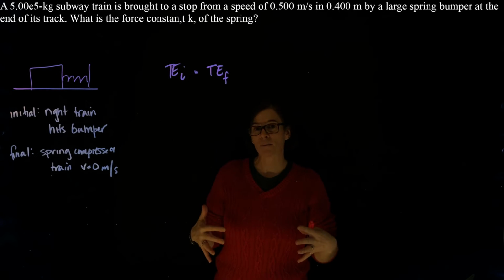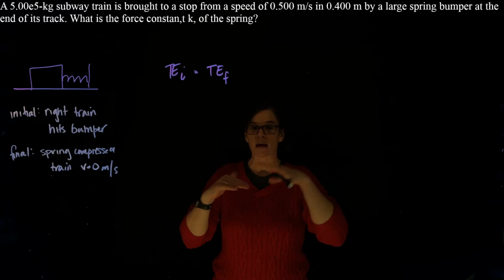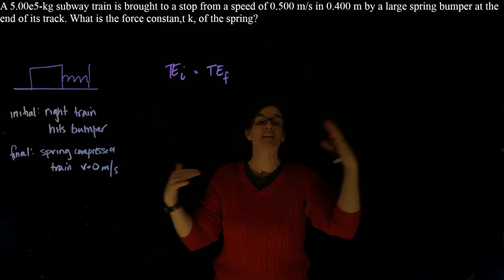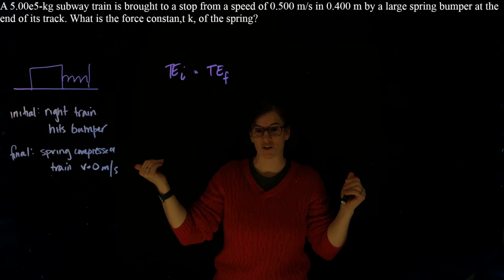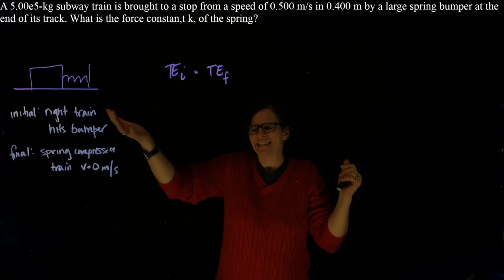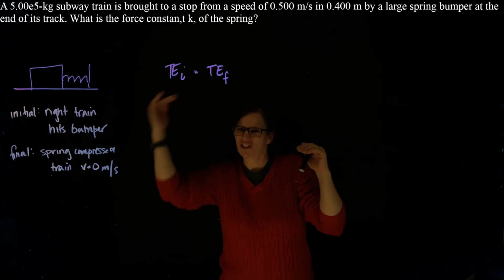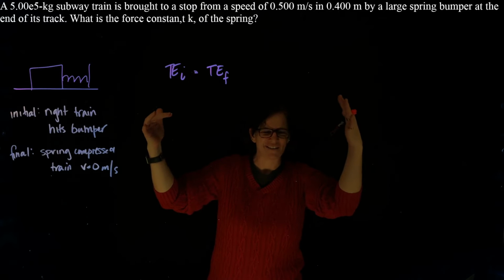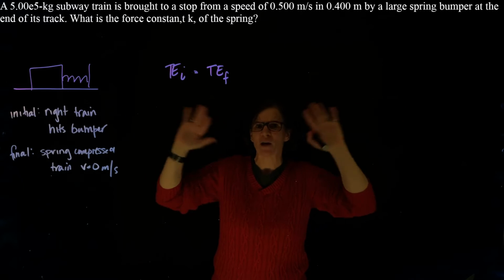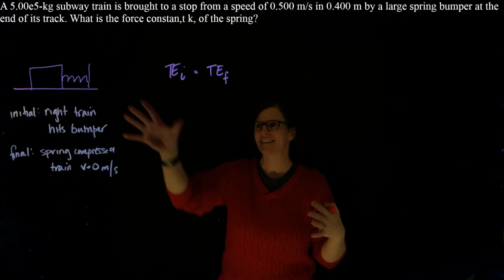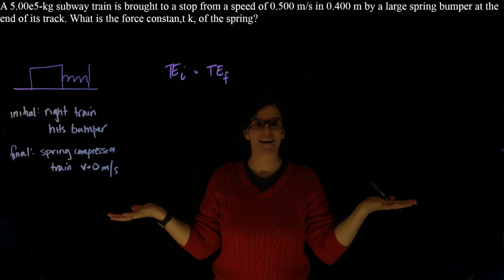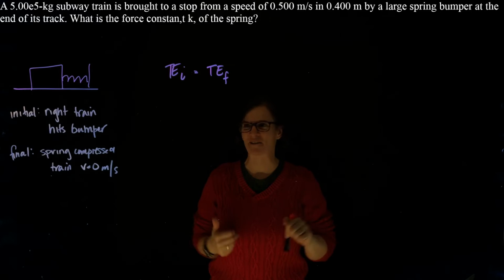Now, with gravitational potential energy, we want to remember that that requires really a change in height. In our problem, we could say that this object has gravitational potential energy, but since there's no change in height, the initial and final gravitational potential energy are going to be the same. So we can actually ignore those, because if we set our height equal to 0, then there's no gravitational potential energy.